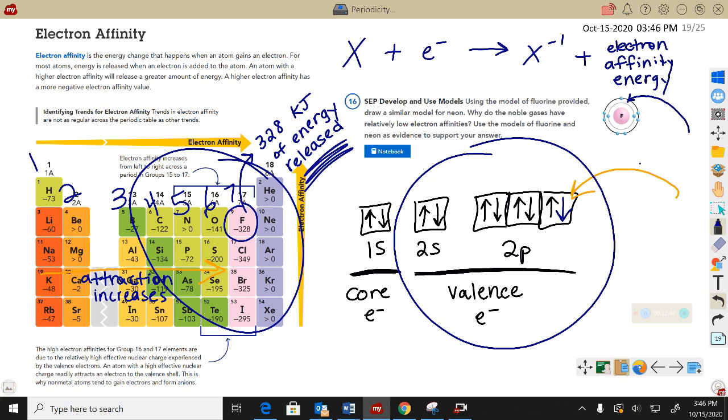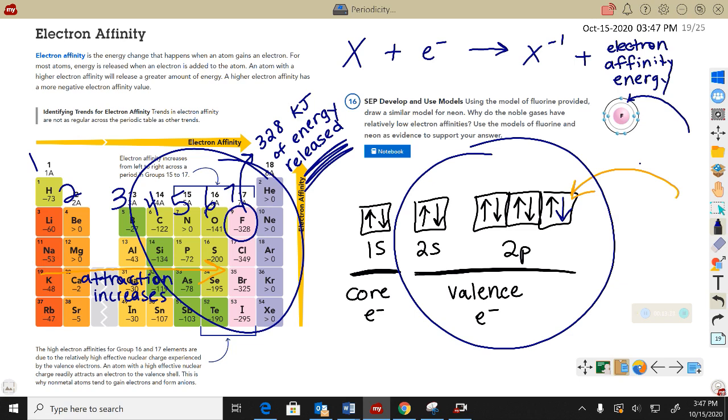We usually focus just on the non-metals, and going across, as the attraction increases and we get closer and closer to 8 valence electrons, there's more of a chance that we will gain an electron, and when we do, we'll release more energy. But going down a group, usually we release a little bit less energy, and that's just an attraction issue. As I go down the group, the electrons are so far from the positive nucleus.